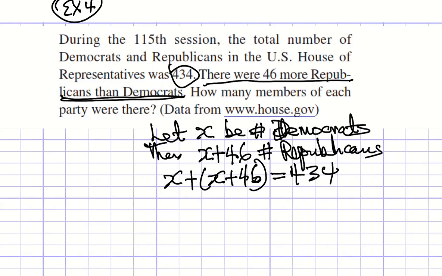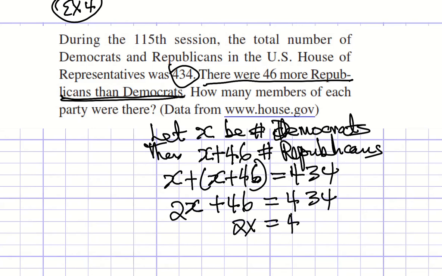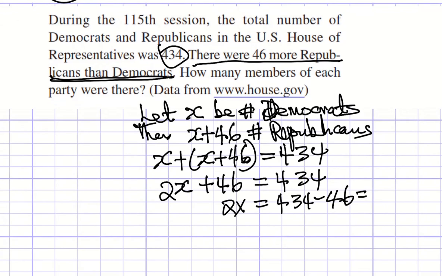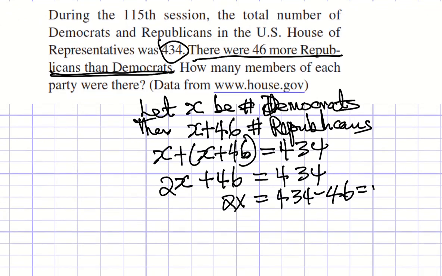Remove brackets, you get 2X plus 46 equals 434. Then 2X equals 434 minus 46. If you do that, what do you get? You get 388.